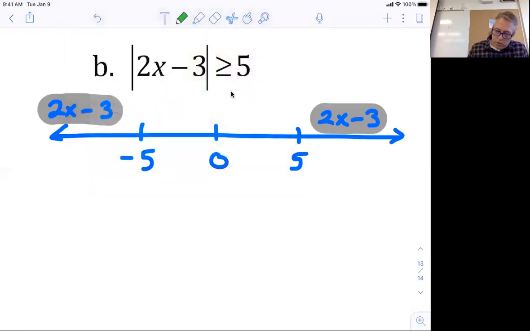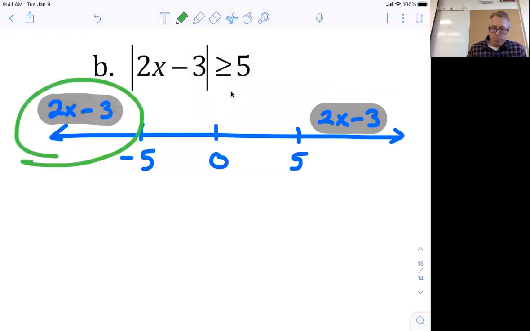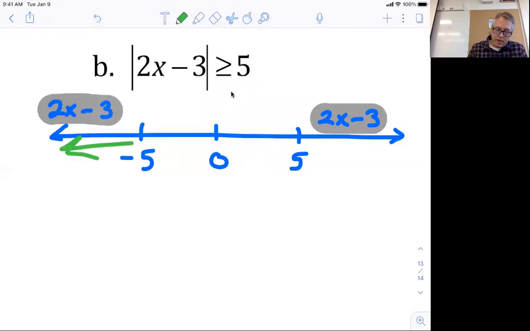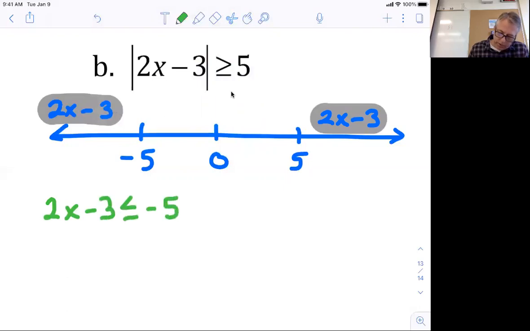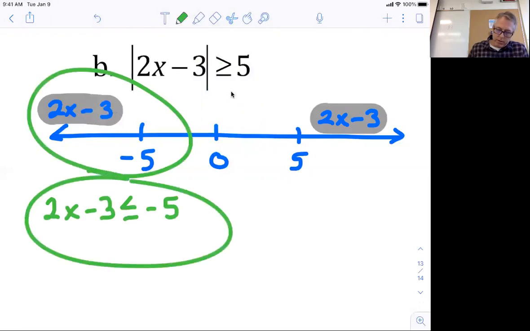When we write our two equations over here, that means the 2x minus 3 has to be to the left of or less than -5. That's one of our equations. 2x minus 3 is less than or equal to -5. I did the equal to because of that. So this gave us this equation.